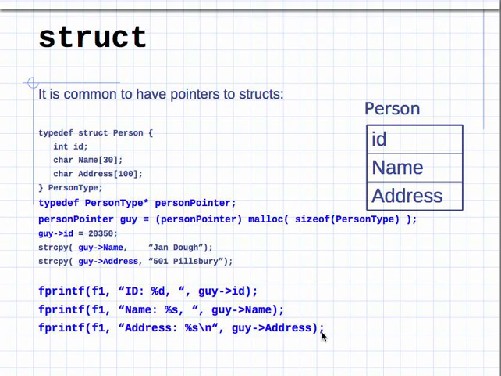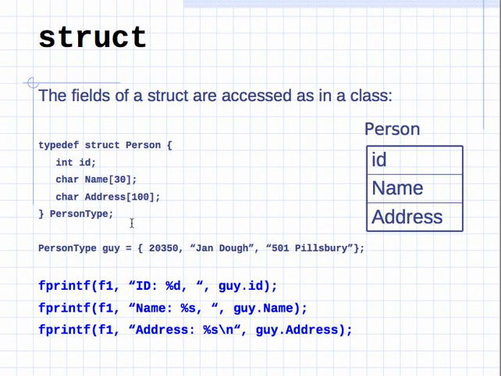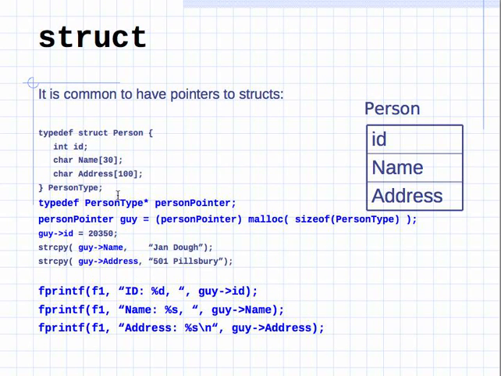Okay. So it's common to have pointers to structs. So for example, in the previous examples, we set guy up to be a statically allocated instance of this struct, and that's going to be allocated on the stack. We can, for example, have a pointer type.